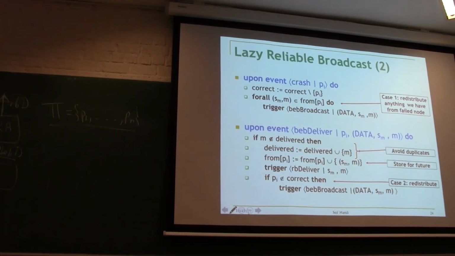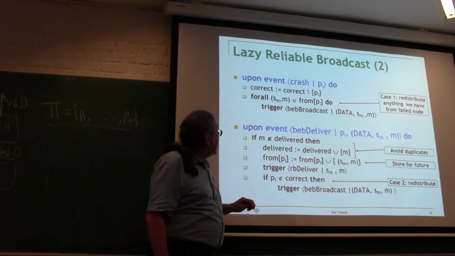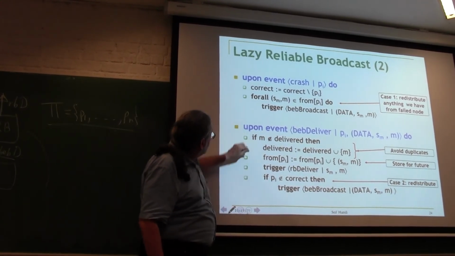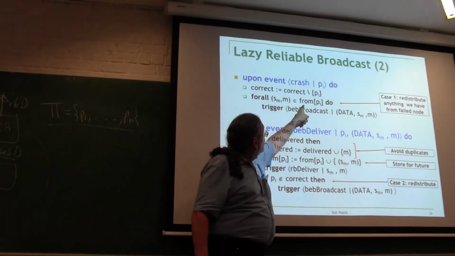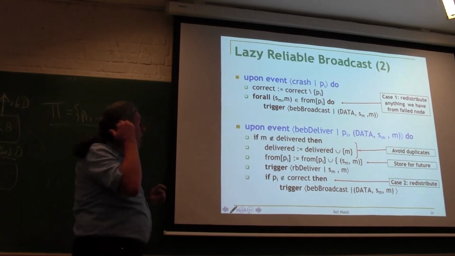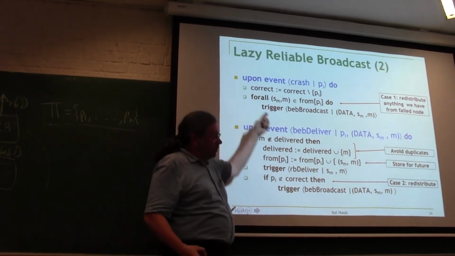So you see, this code, it looks like there's a lot there, but each piece means something. It has its purpose, and we have to handle the two orders. We have to keep track of delivered messages. We have to keep track of the messages in order to redistribute them.